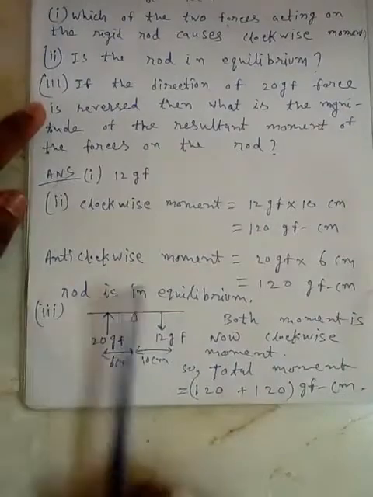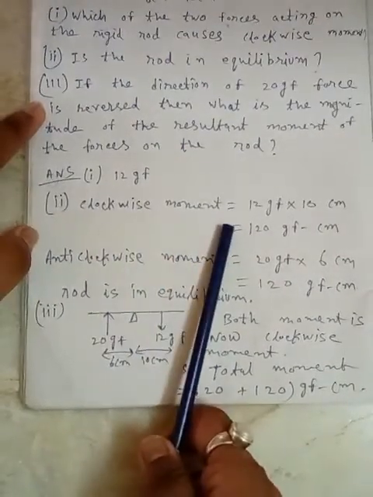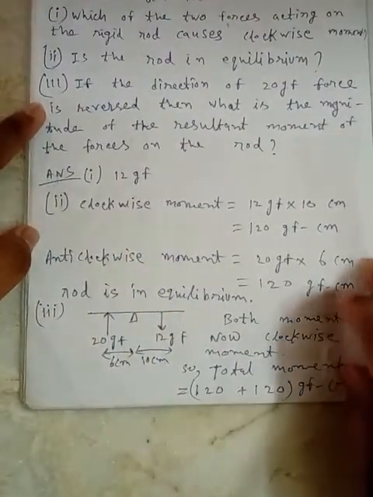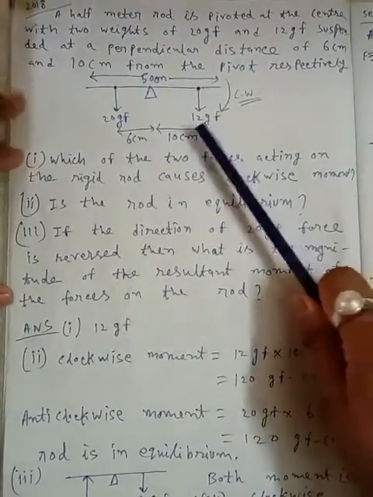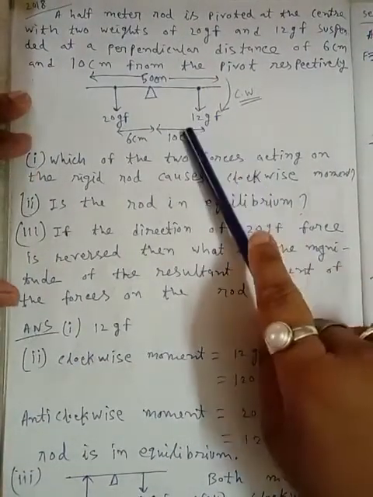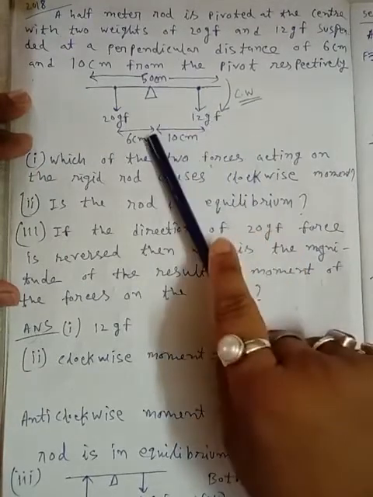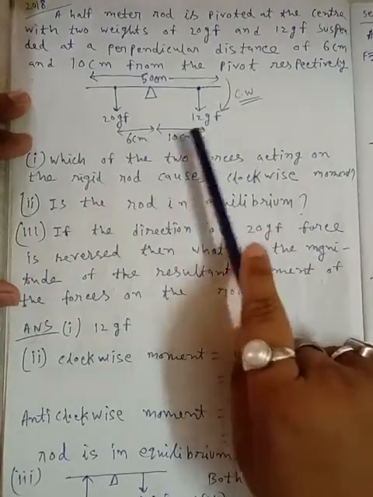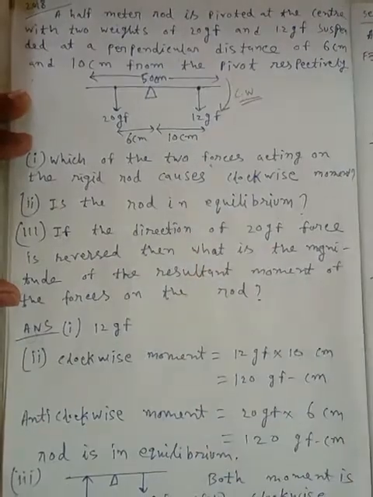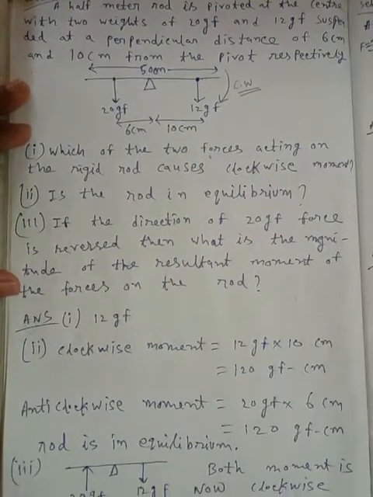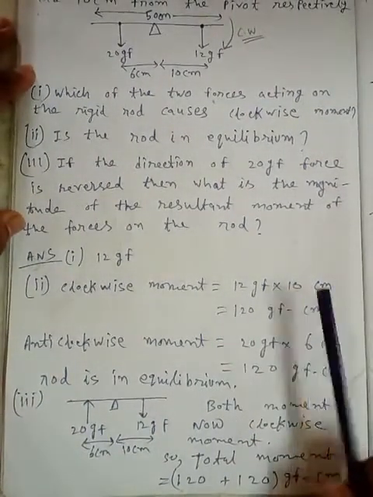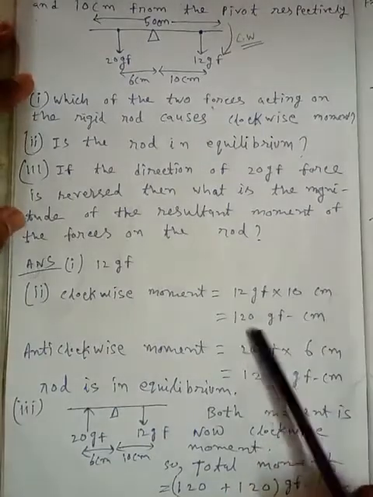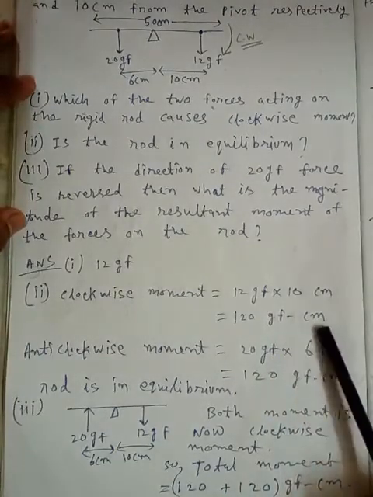Now see here, clockwise moment means, in the picture you know this 12 GF produces clockwise moment and the value of force is 12 GF and distance of the 12 GF from the pivoted point is 10 cm. So moment is what? 12 GF multiplied by 10 cm. Okay, so 120 GF centimeter.